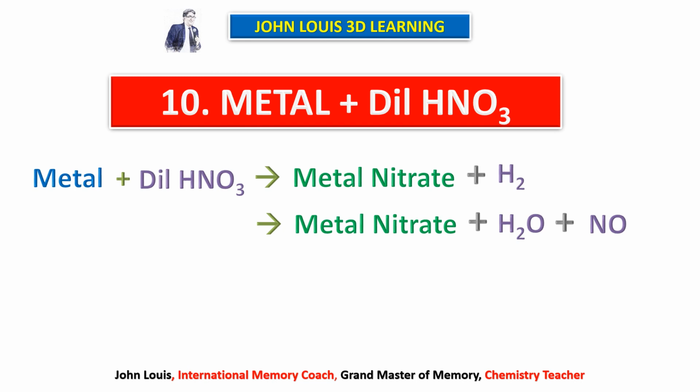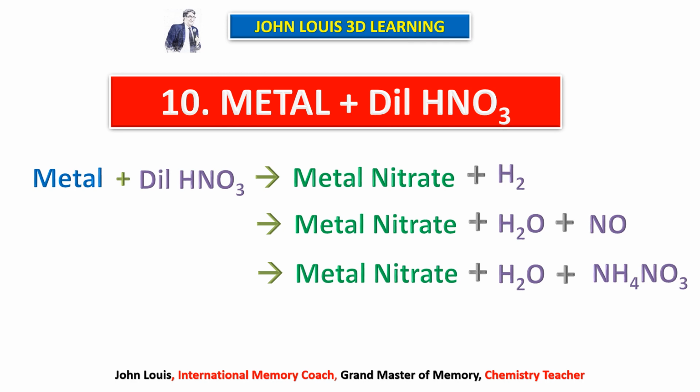Or the same metal will undergo different reactions in different proportions. So we need to understand in which proportion what type of products will form. The third type is metal nitrate plus water plus ammonium nitrate. These are the 3 different types of products formed when any metal reacts with dilute nitric acid.